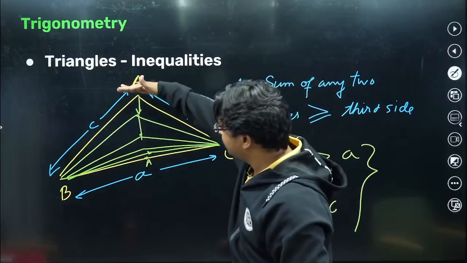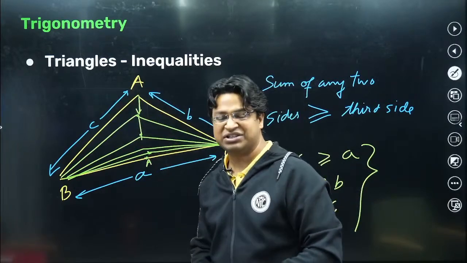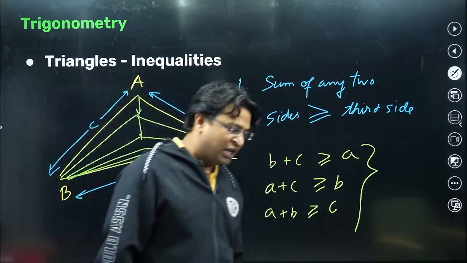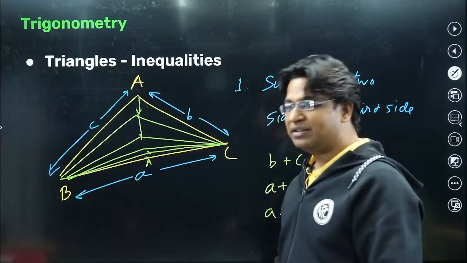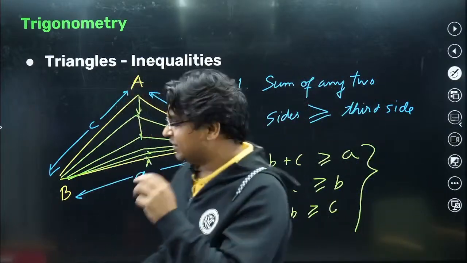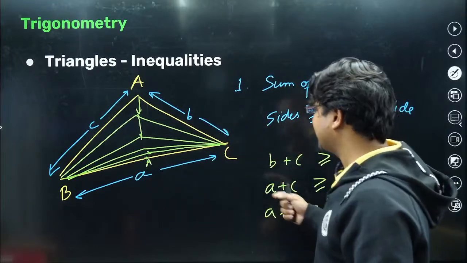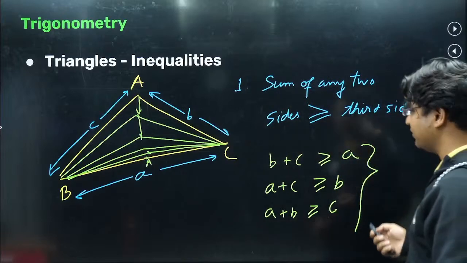If I bring it so far down that it almost touches the BC line, in other words, if I've made a triangle of zero area, then the equality will hold. So the equality holds when the 3 points become collinear. Then b plus c can become equal to a. So this is one of the triangular inequalities.